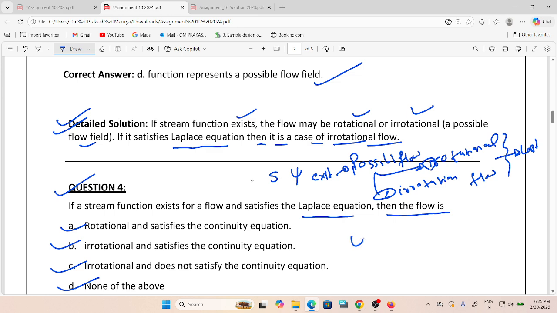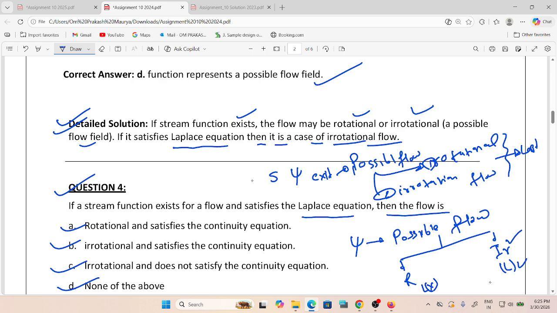Means your psi represents a possible flow, and the possible flow may be rotational or irrotational, and this will be checked with the Laplace equation. If Laplace is not satisfied then it is rotational, and if it is satisfied then irrotational. Remember this.